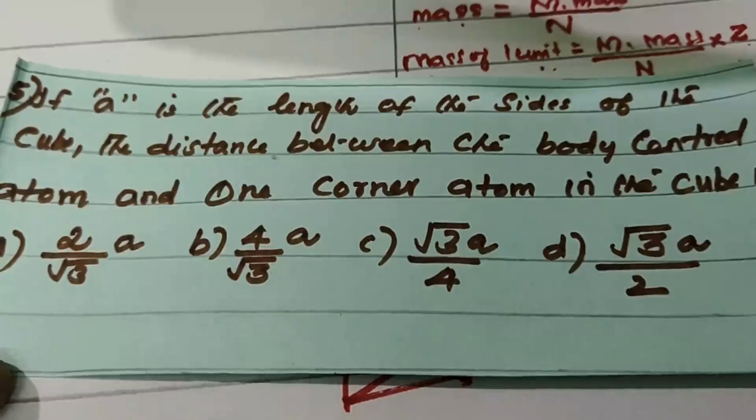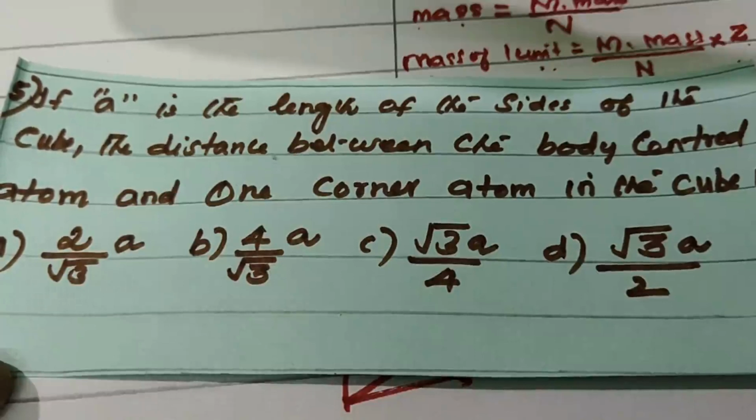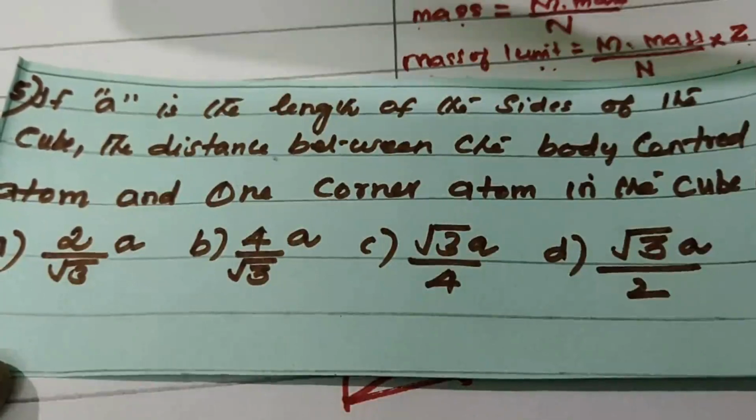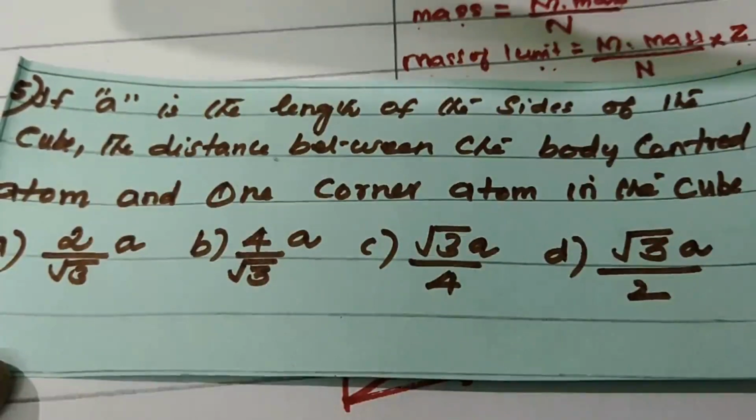Then the fifth problem: if A is the length of the sides of the cube, what is the distance between the body centered atom and one of the corner atoms? Very important, A is the edge length of the cube.